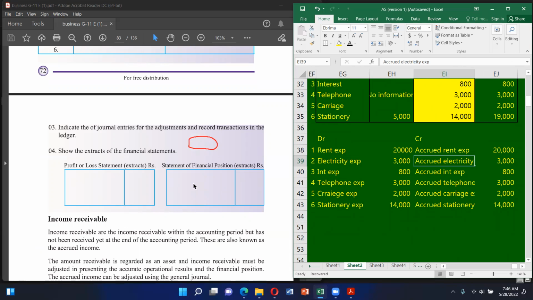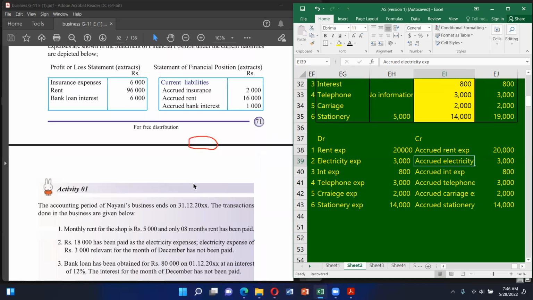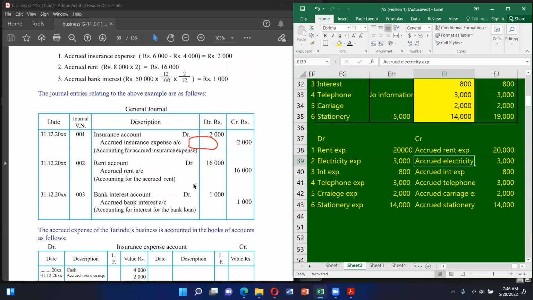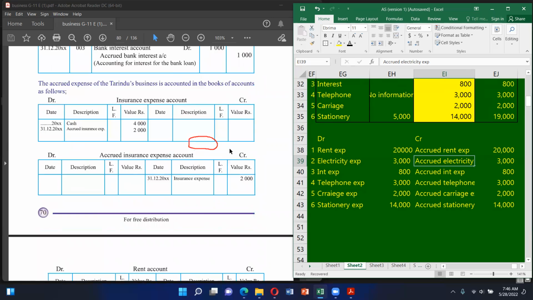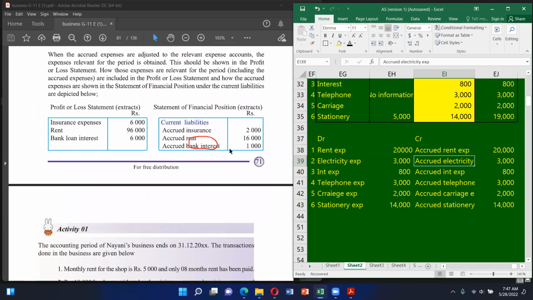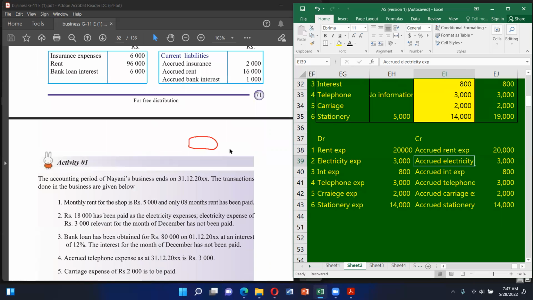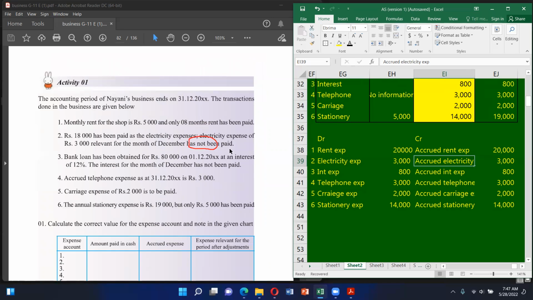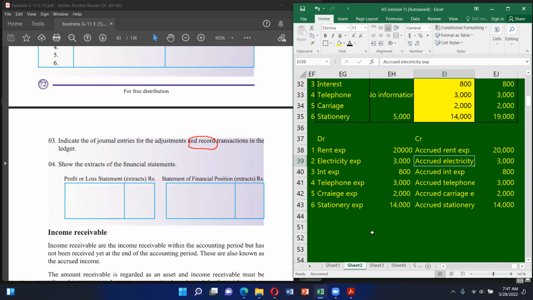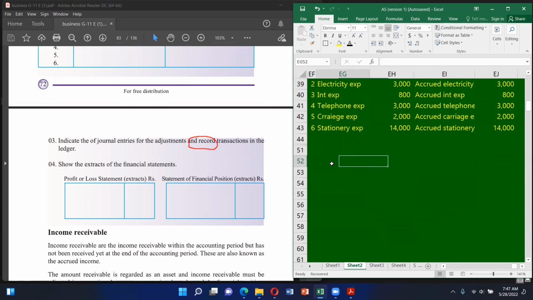Journal entries you can pass. This is just copying the same thing along with the narration. Date එක දැම්මා, general voucher, description, just pass the debit and credit entries. Just write it down. Go one by one. General journal.